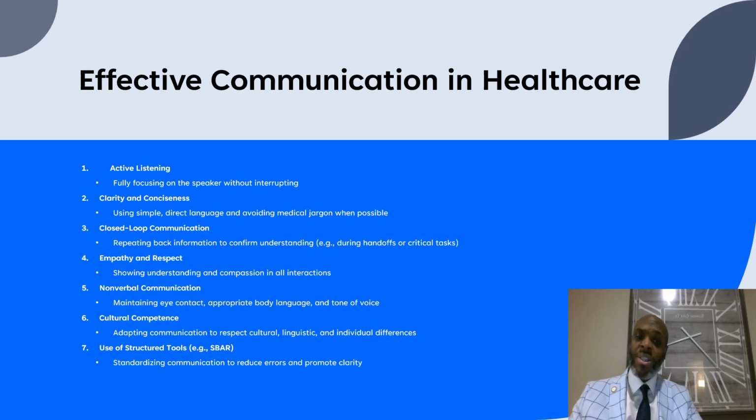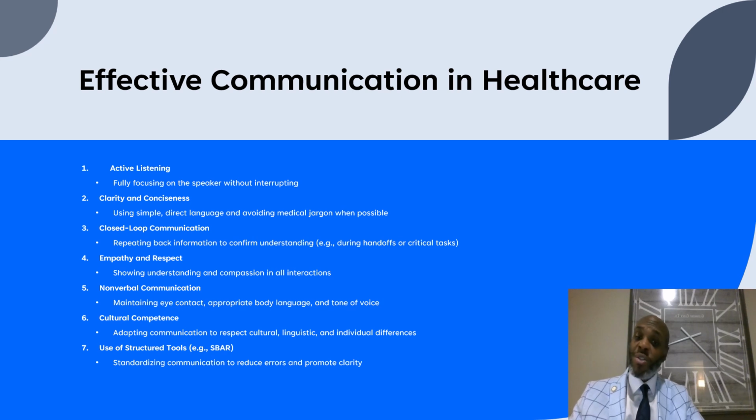Be conscious of these, especially in tense situations. Then there's cultural competence. This is also key. We must be sensitive to how different backgrounds influence communication styles, decision making, and health beliefs.